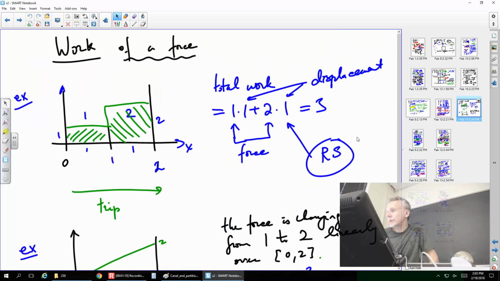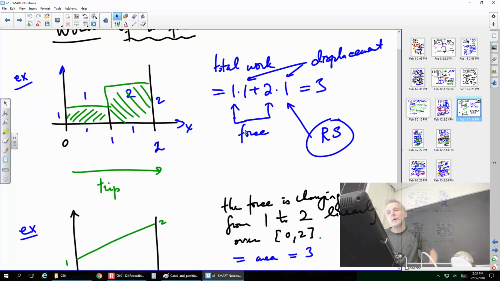forces. Okay, so Riemann sums in this case when there are only two sort of short steps with only two values of force.